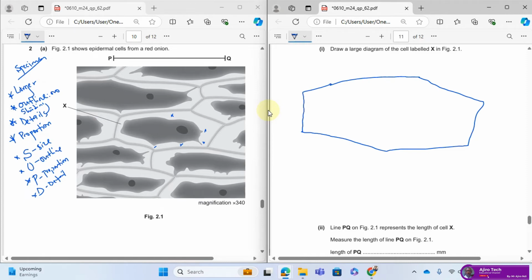Ensure that you avoid broken lines in your drawings. Anywhere you notice a broken line, you can always erase neatly and make another sketch. So we are trying to show the cell wall, as we can see. It's an outline, it's not art.